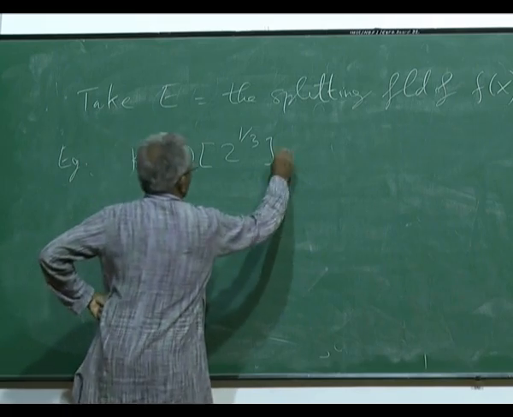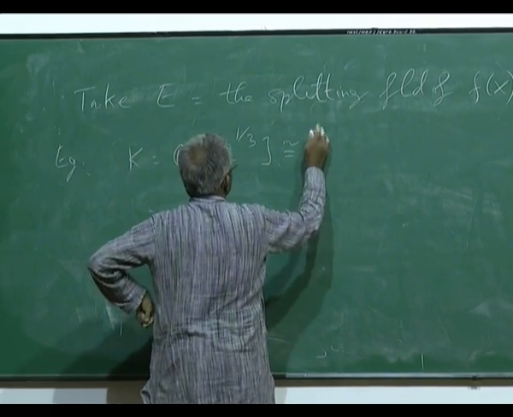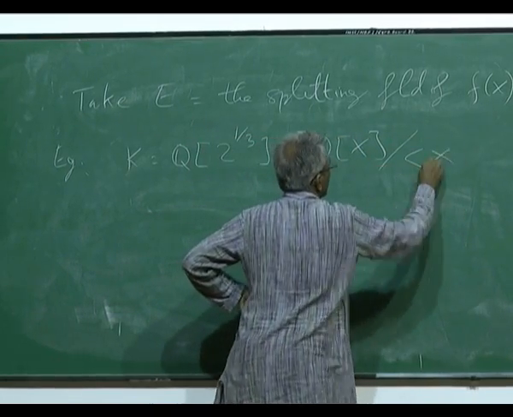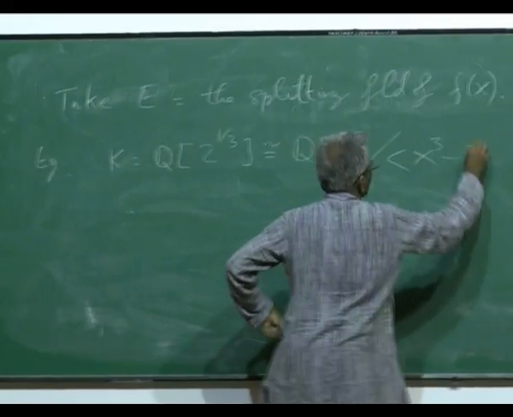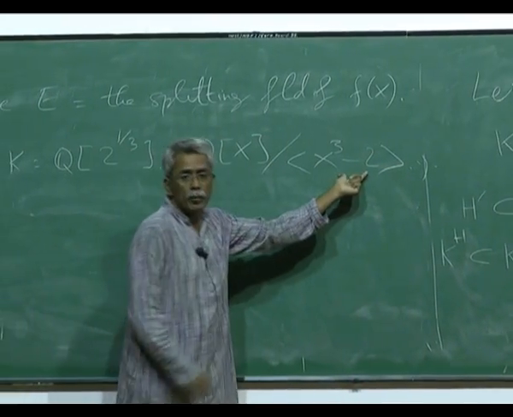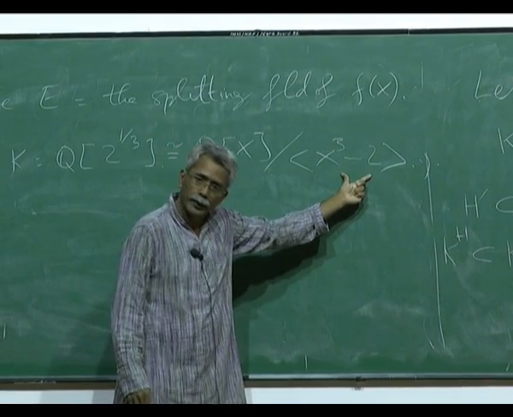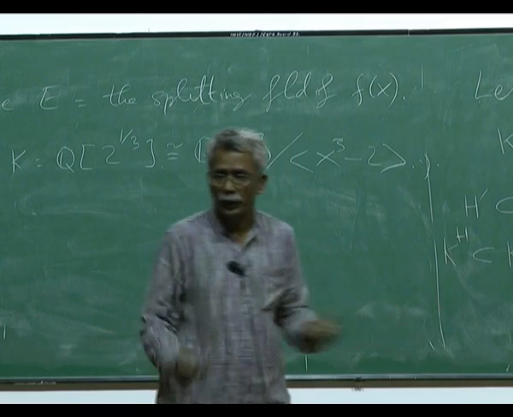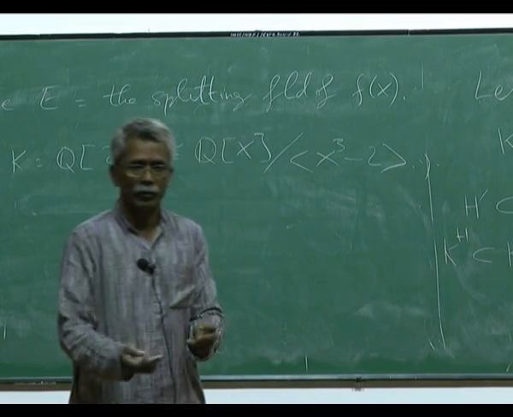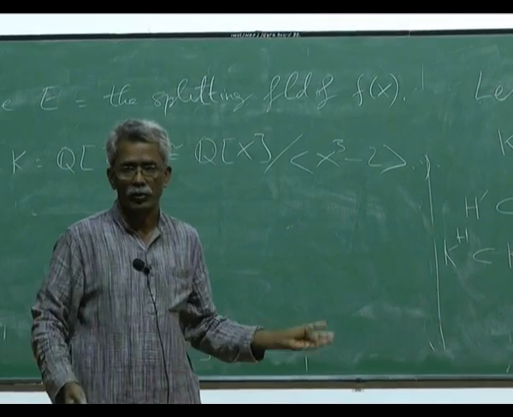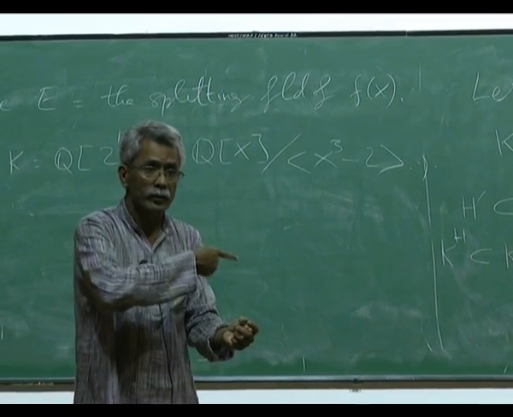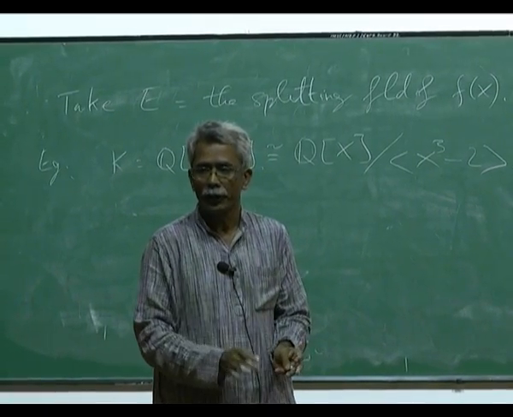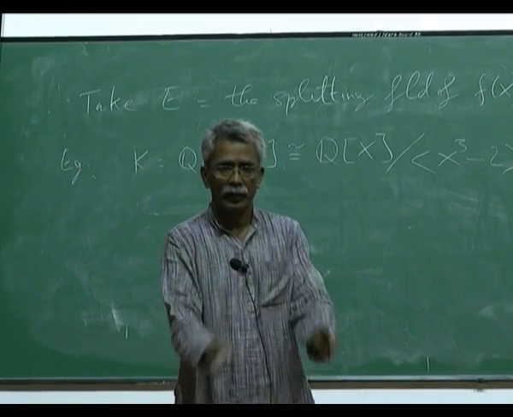So, we have described this before, Q[x] modulo x^3 minus 2, and this is the minimal polynomial satisfied by 2^(1/3). So, I take that, I want a splitting field for this polynomial. Splitting field means you look at some algebraically closed field in which your small k is embedded, and there this polynomial will have all the roots, and you put them all in your field and look at the field generated by that, and that is a splitting field.